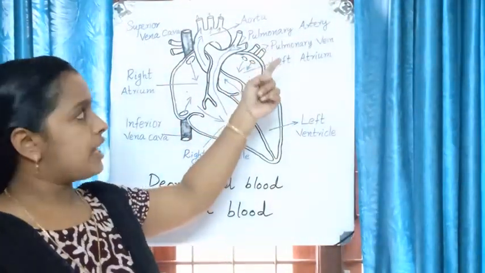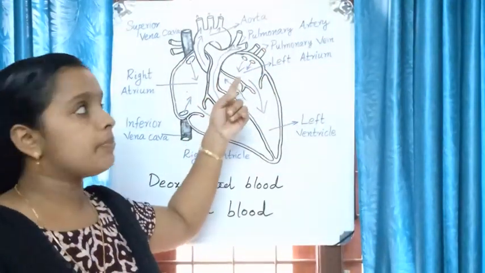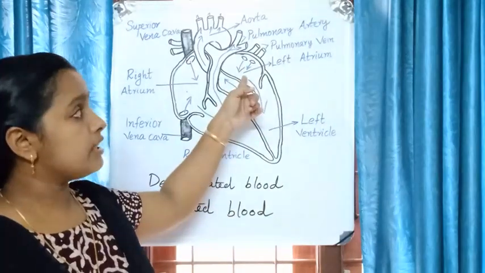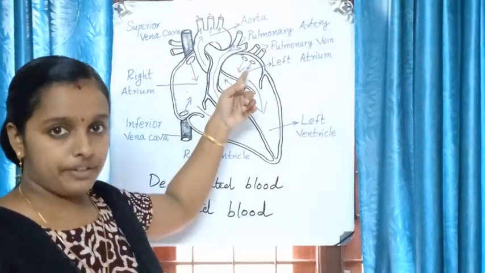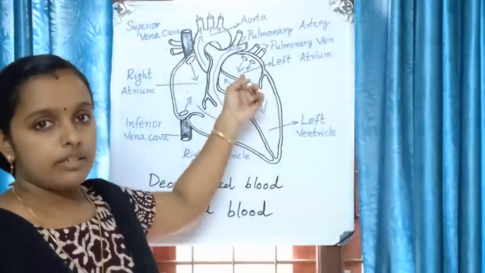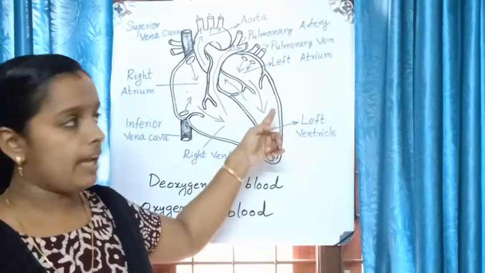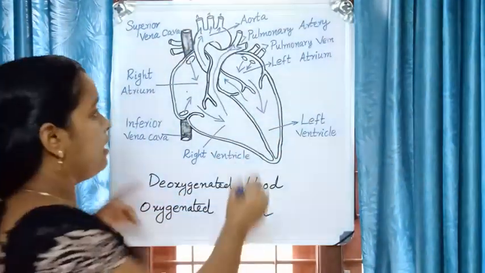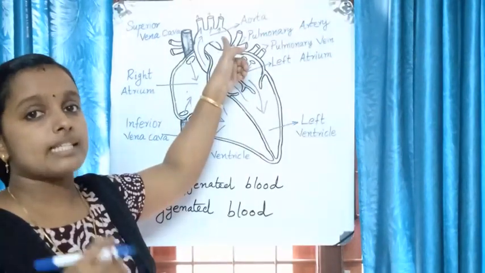After purification, the pulmonary vein will supply the oxygen rich blood into the heart, that is, into the left atrium. From the left atrium, the blood will transport into the left ventricle, and from the left ventricle, the blood will move into the large blood vessel known as the aorta.